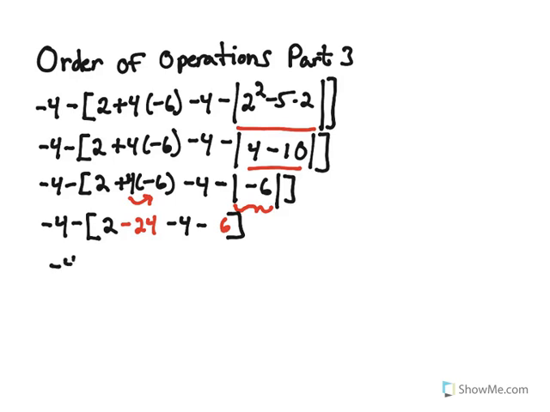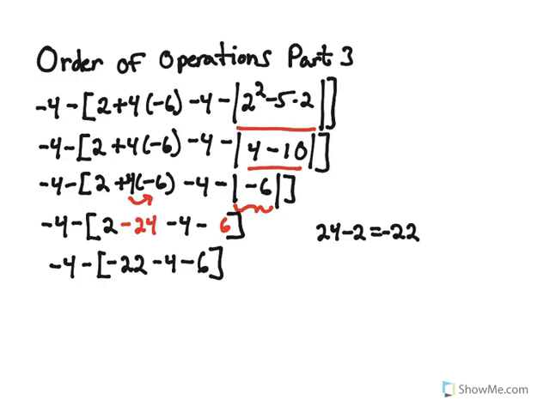And let's see if we can simplify it. 2 minus 24, that would be a minus 22. If you take 24 and you subtract 2, you get 22, and then you keep the negative of the bigger number, which is 24, and then the answer is minus 22.